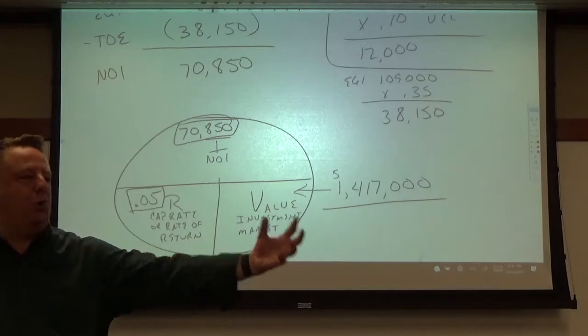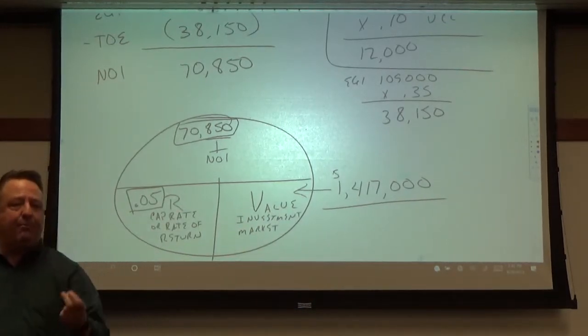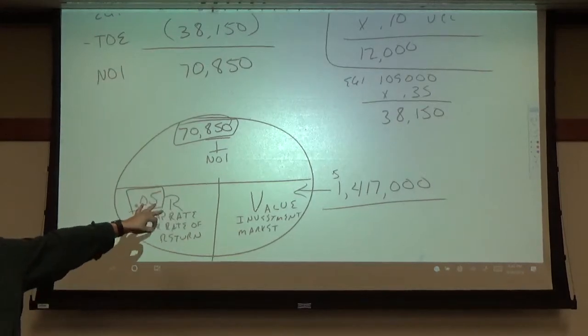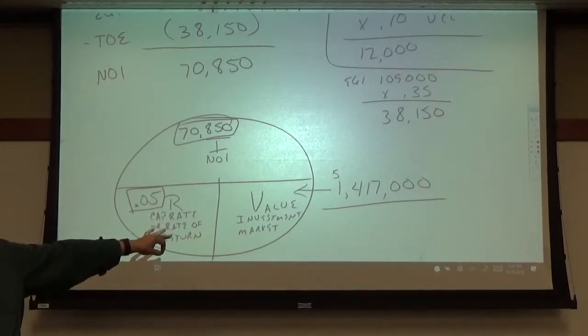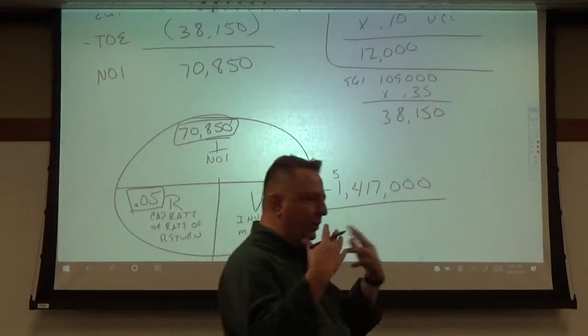In other words, to attract investors to it. So what we're saying is that for this kind of property, it needs to throw off a minimum of a 5% annual rate of return. Does that make sense? Now, what do we mean by that 5%? What is that really representing?